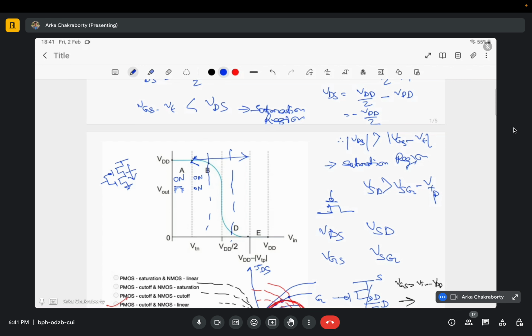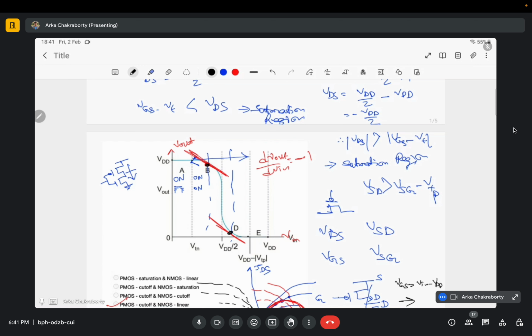Now you can see we define two regions here. We draw slopes here and say this is my V output and this is my V input, right? So I find the point where dV output by dV input is equal to -1. Okay, so I'll get 2 such points, one here and one here.